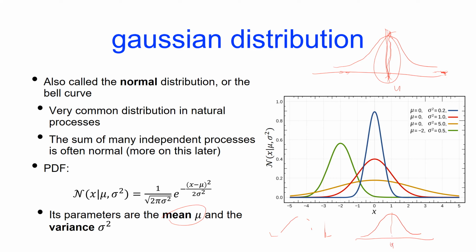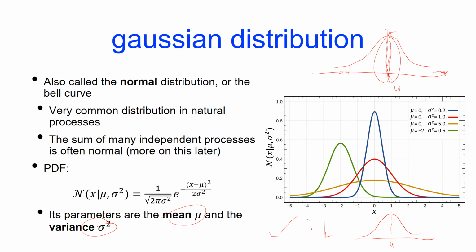So this will be your mean. And also there's the variance. The variance is a concept to measure the spread, because you need to know where the center of the distribution is, right? The other one is the shape of your bell shape, right?